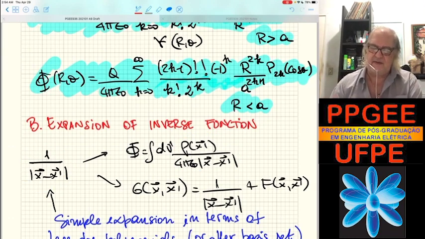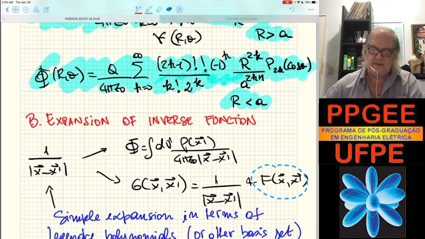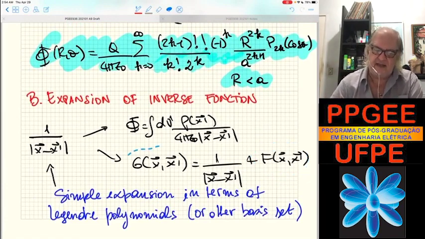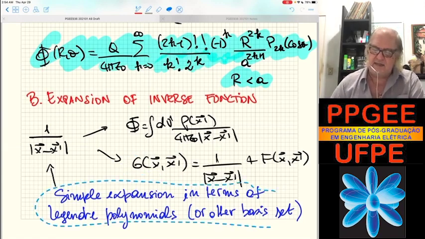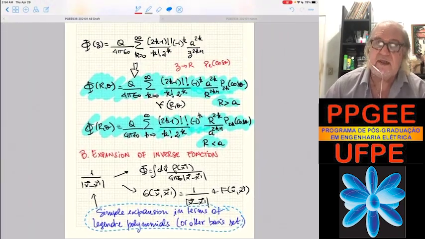You know, it always appears as the kernel of integrals. I mean, in the Green function, we have the inverse function plus another function that satisfies Laplace equals 0. So in many situations it is important to expand this function in orthogonal functions. So we have a prescription for that. We can do that in terms of Legendre polynomials or other types of orthogonal functions.